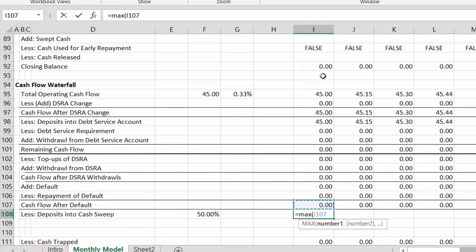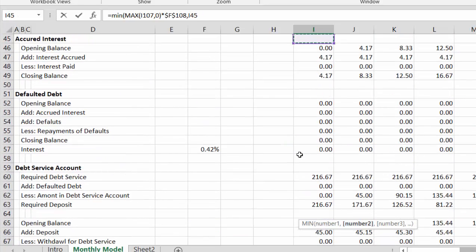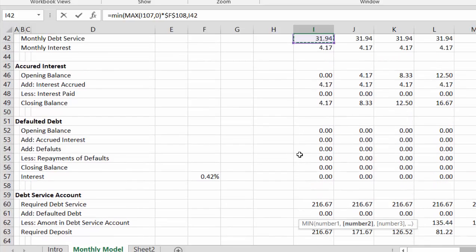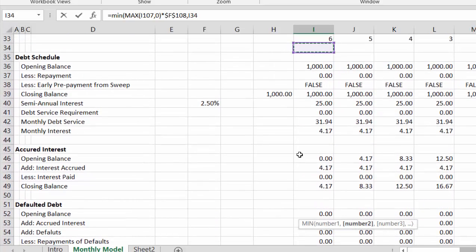Our formula was the maximum of this or 0, and then we had the minimum of this number, and this maximum we multiplied by the F4, and then we take the minimum of that, or the defaulted balance of the debt minus the repayment we had scheduled, okay?